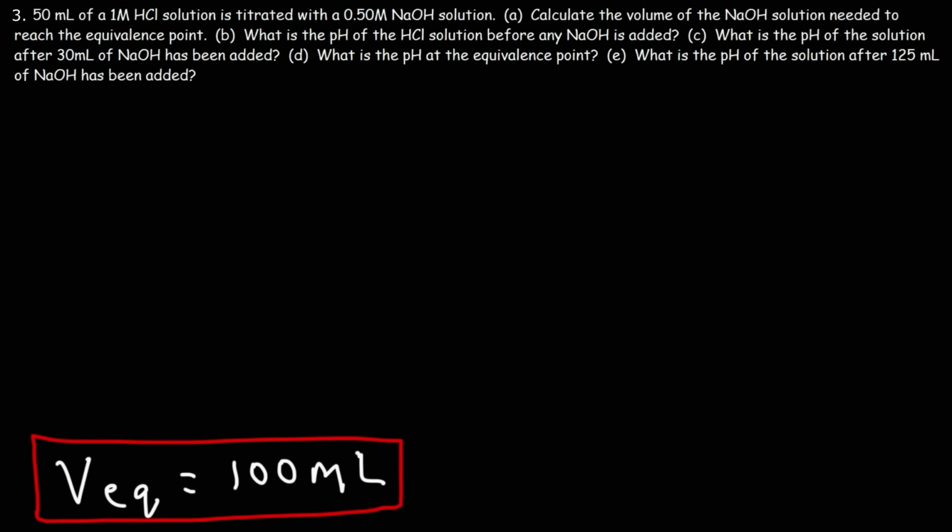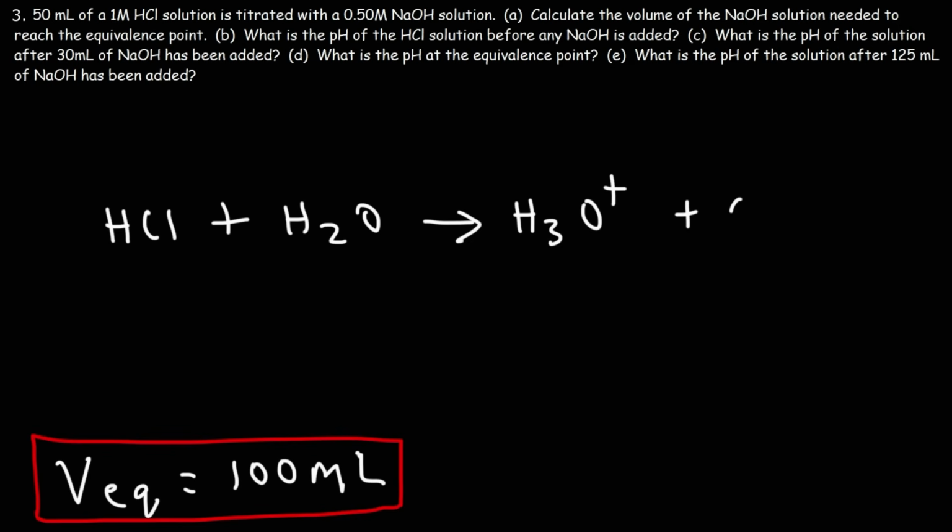Now let's move on to part B. What is the pH of the hydrochloric acid solution before any OH is added? The concentration of HCl is going to be the same as the concentration of H3O+, because this acid dissociates completely. So when hydrochloric acid reacts with water, it's going to create H3O+ and Cl-.